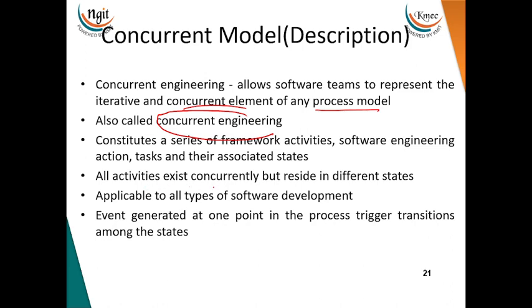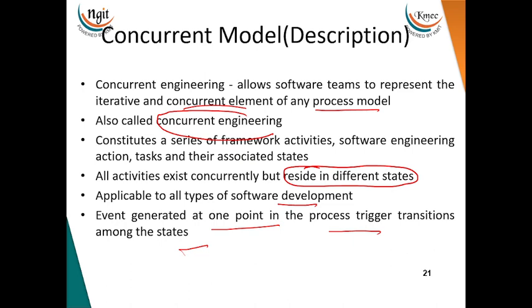All activities exist concurrently, but do remember they reside at different states. They are working concurrently, but the work is going on in different states. Applicable to all software development, an event generated at one point in the process triggers a transition in another state. So the process works in one place and the transitions occur somewhere else.